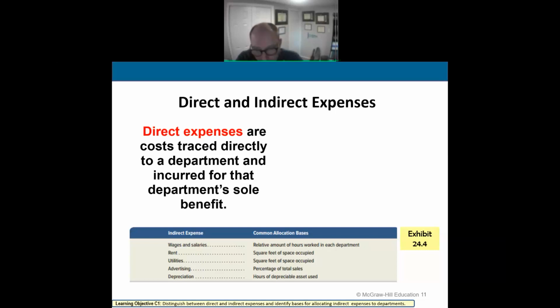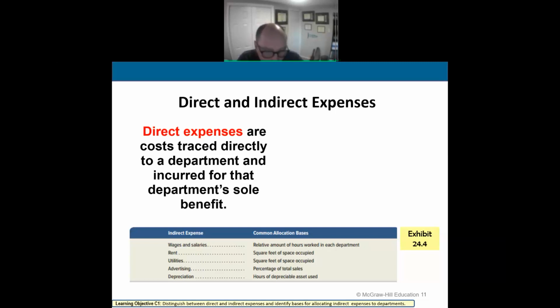I can track wages and salaries to the jewelry department based on the amount of hours worked in the department. So my allocation base for wages and salaries is going to be based on the number of hours for that department.